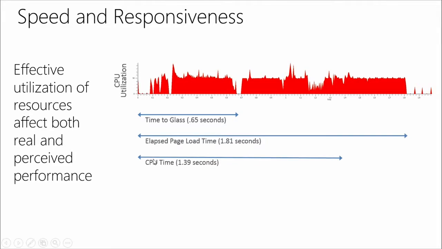And really, the whole trick about CPU utilization is that if you look at the CPU time here, it's actually less than the total page loading time from beginning to end. So there's a little idle time there. Our job is to push everything towards the left, meaning make the page loading time as short as possible.